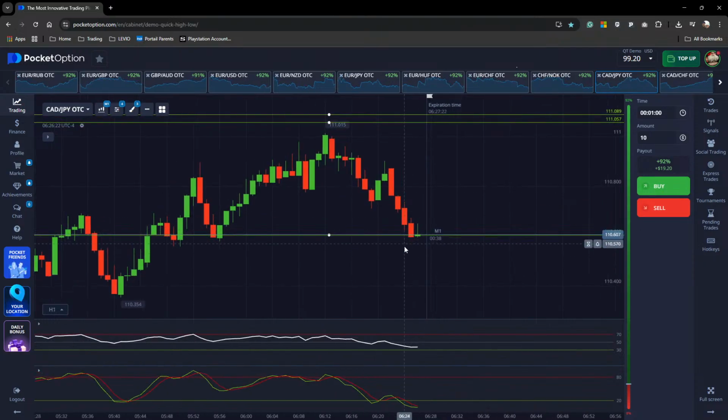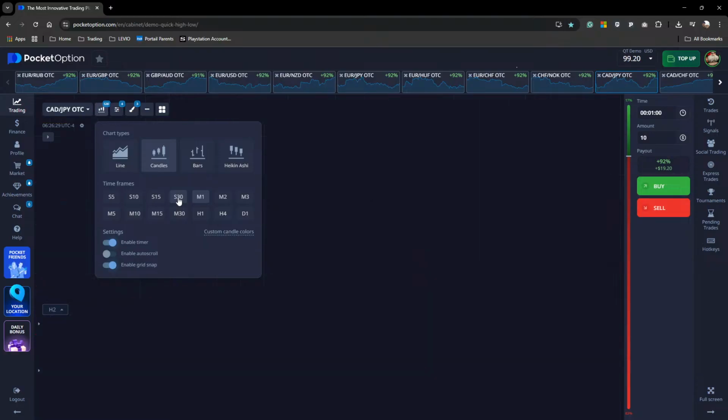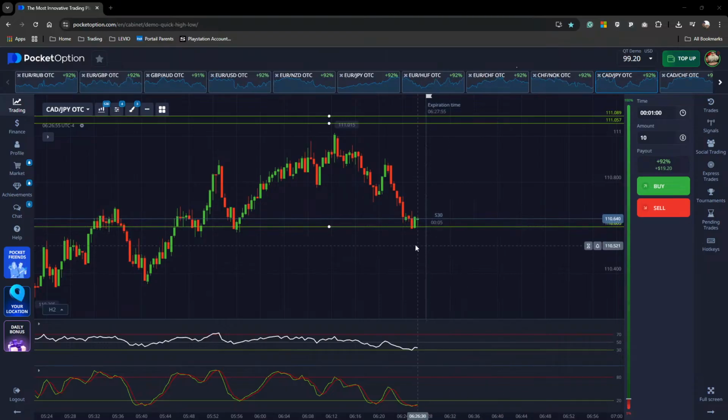This is strong momentum. Gonna wait. Let's see what we do have. Yeah. No, that would have been a good trade.